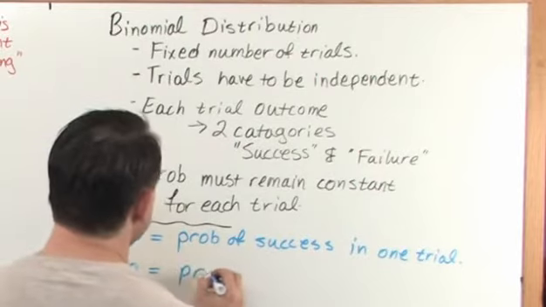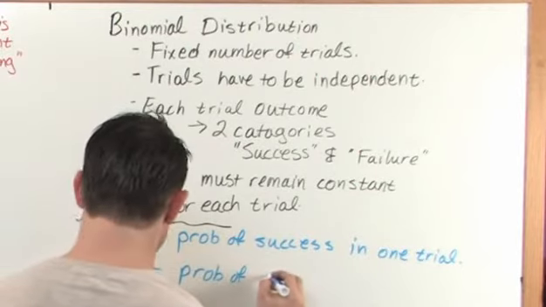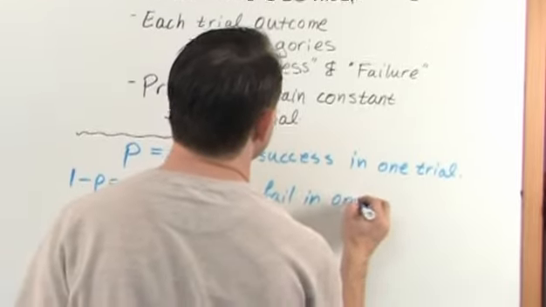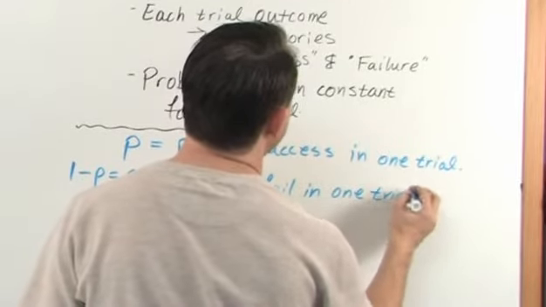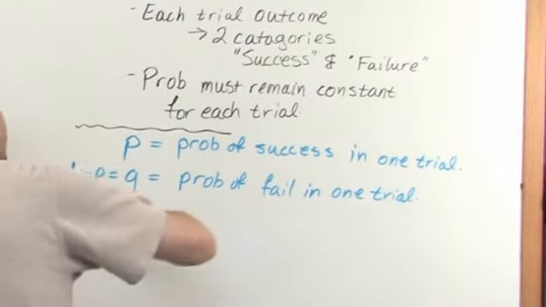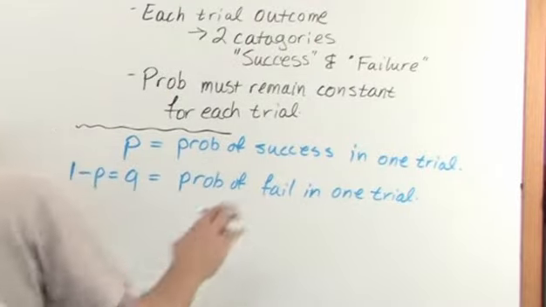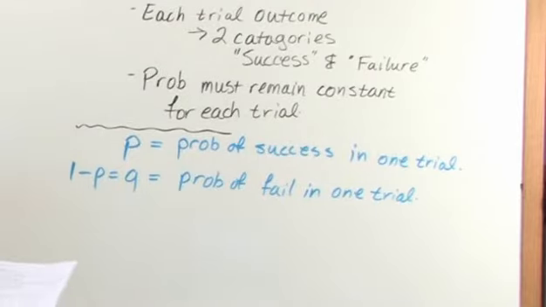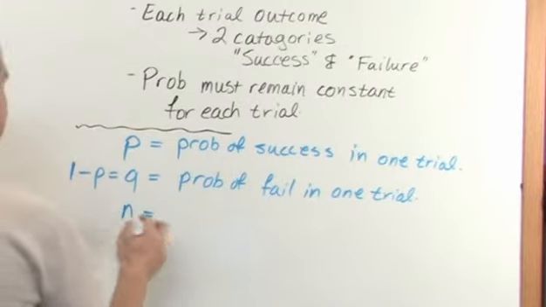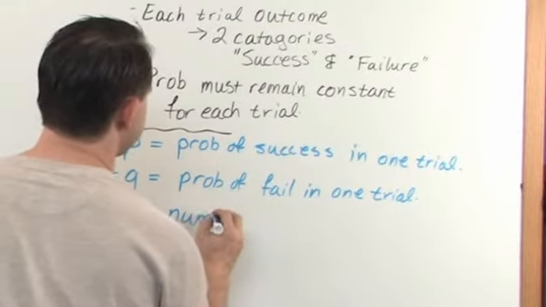This is the probability of failure in one trial. Back to our example, p is the probability of getting the right answer, and q is basically the complement of that, the probability of failing, of not getting the right answer. Okay. This is something a little bit new, but not a big deal. n is called the number of trials.